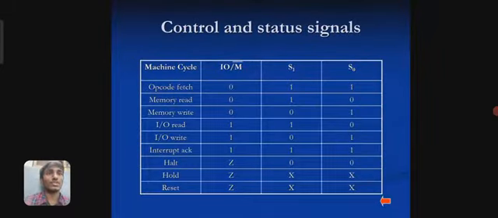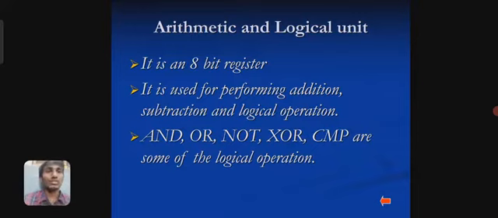So here you can see the control and status signals divided into input and output, and S1 and S0 bits, like output fetch, memory read, memory write, input read and write, interrupt, halt, hold, reset. The arithmetic and logical unit works with an 8-bit register. It is used for performing addition, subtraction, and logical operations like AND, OR, NOT.